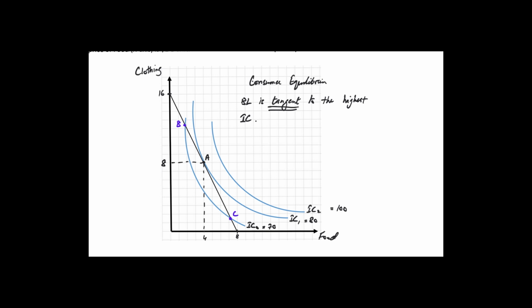So based on this, right here at point A, what's really happening is that the indifference curve's slope is meeting the budget line's slope, isn't it?